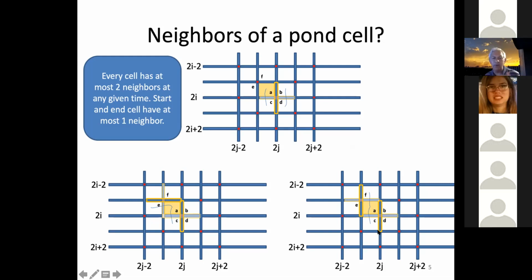So depending on whether the barriers are horizontal or vertical, for any given cell, you can only visit 2 other cells, and you will always be able to visit 2 other cells, except for the start cell and the end cell. There, things are a little different, and we're going to try and understand what happens to them.